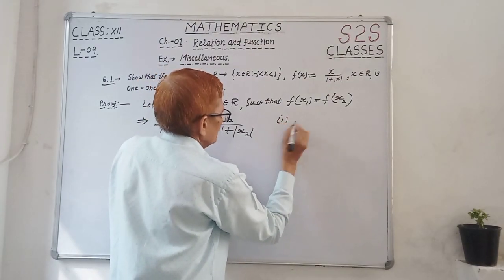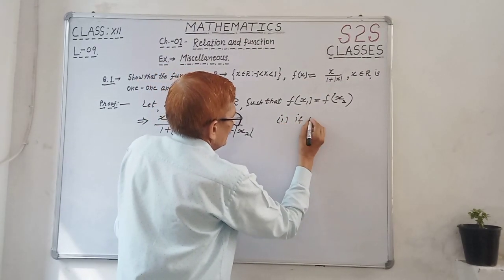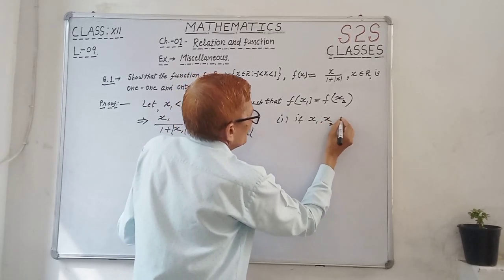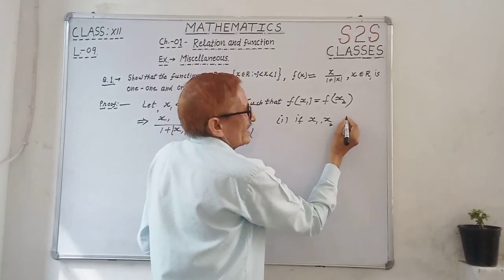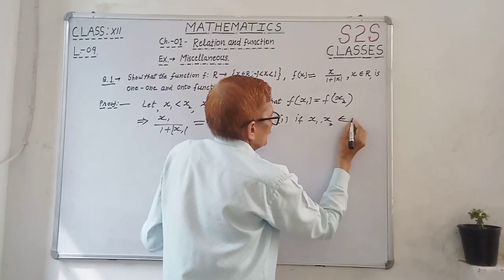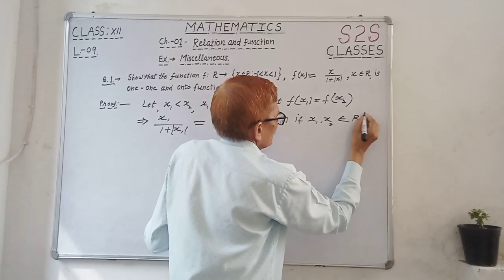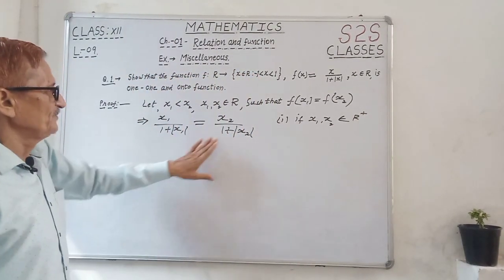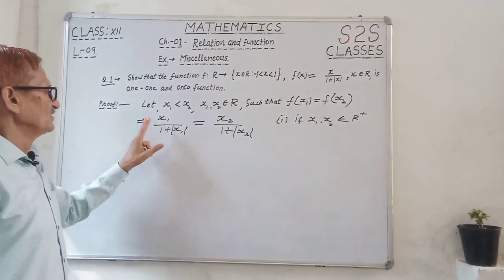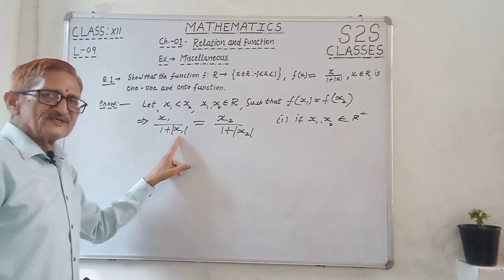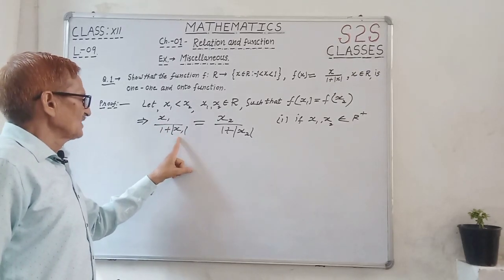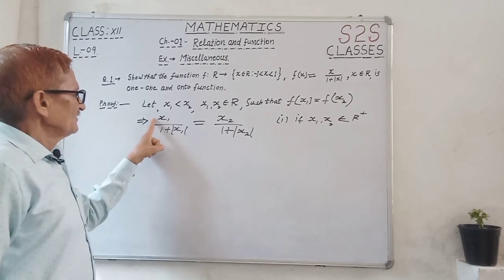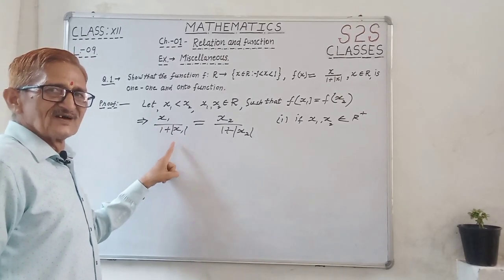First case, if x1, x2 both are positive real numbers, belonging to positive real numbers. Positive upon 1 plus positive, any positive real number upon 1 plus positive real number will come less than 1.